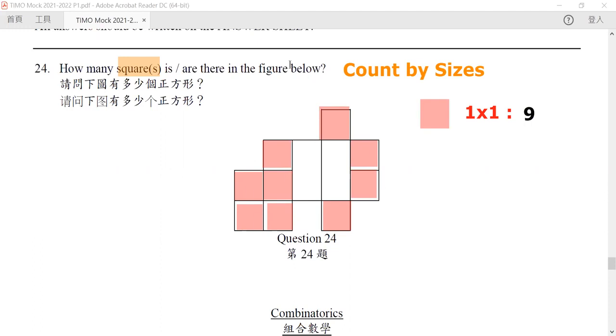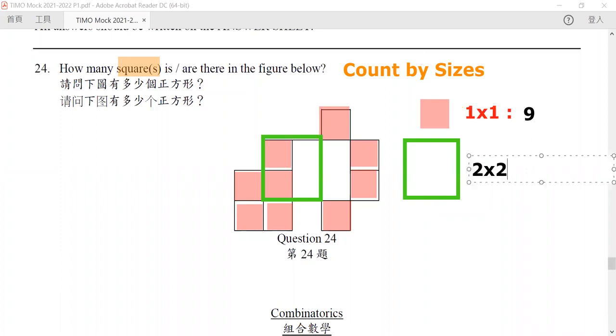Okay. Now, this is not just squares of one by one. There are also squares of 2 by 2, like this. This is a square of 2 by 2. So how many 2 by 2 squares are there? Again, let us count together.